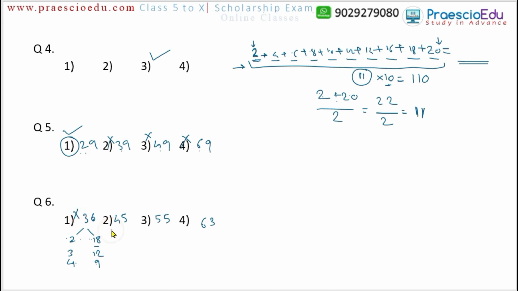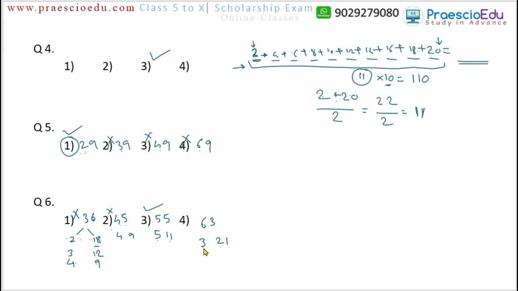Then go for the other option, 45. 45 means 4 and 9 would not work, as they are not prime numbers. For 45 there are no other factors we can use, so this is also not our number. Then comes 55. 55 means 5 and 11, and both are prime numbers, so this can be. For 63, 3 can be one prime factor, but along with it there is 21, and 21 is not a prime number.